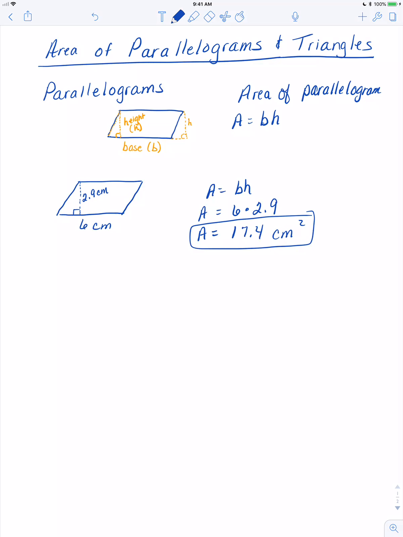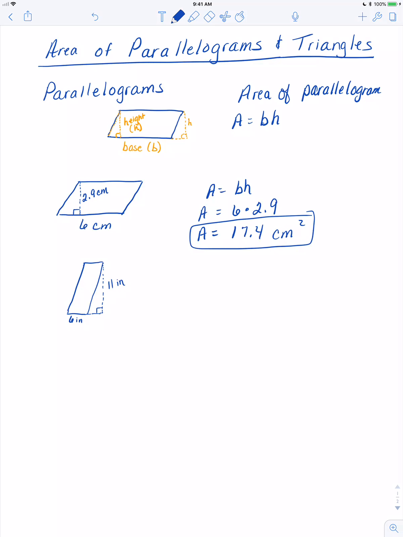Okay, let's try one more. And this might be one where this line is drawn on the outside of it, which is totally fine. We'll say that one is 11 inches. Let's say this is 6 inches.